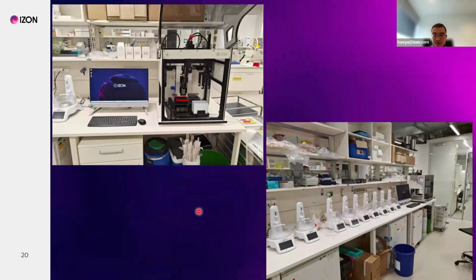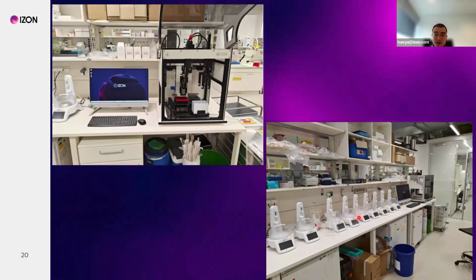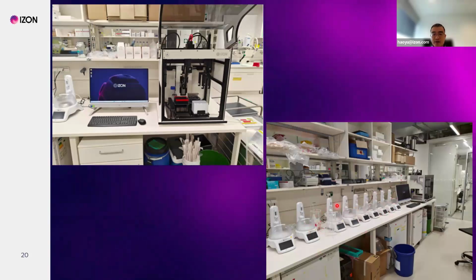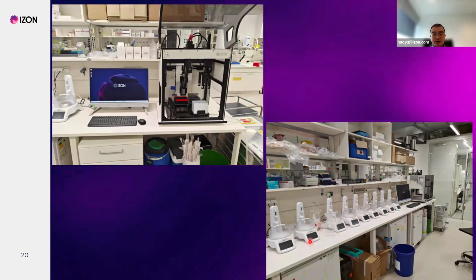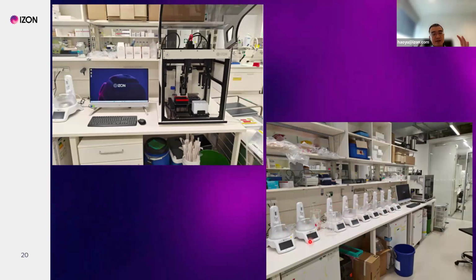As you see here, this is a German group which has 11 AFCs. This image only shows 9. They use them to deal with multiple patient samples, and the published papers will be shown later. Then they scaled up their clinical studies.